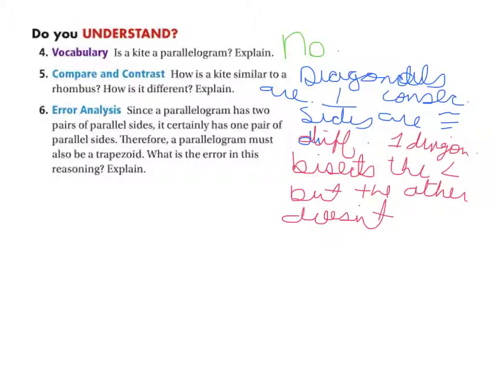All right. And also, all the sides of the rhombus are congruent, not a kite. All rhombus sides are congruent, but not a kite.